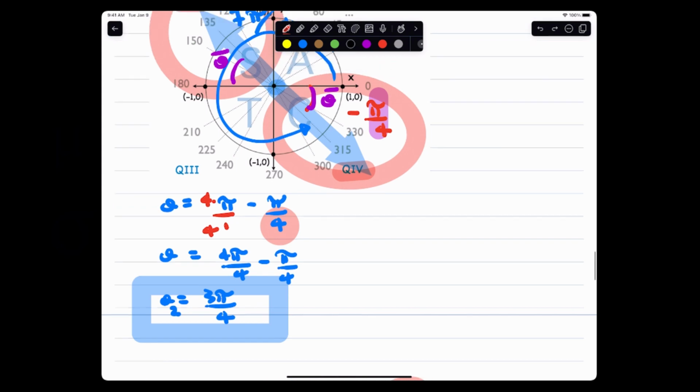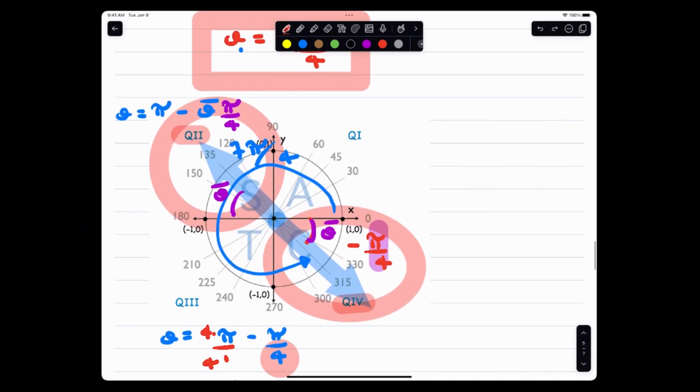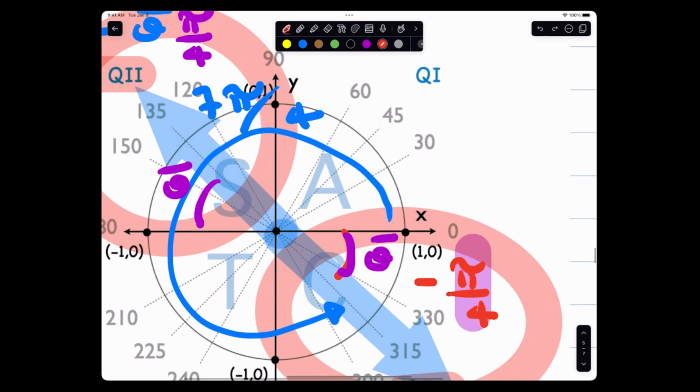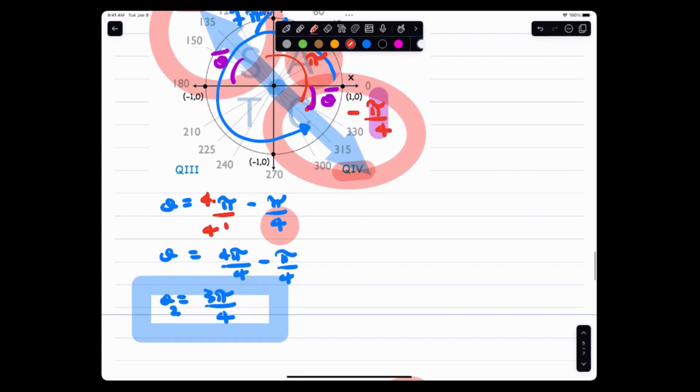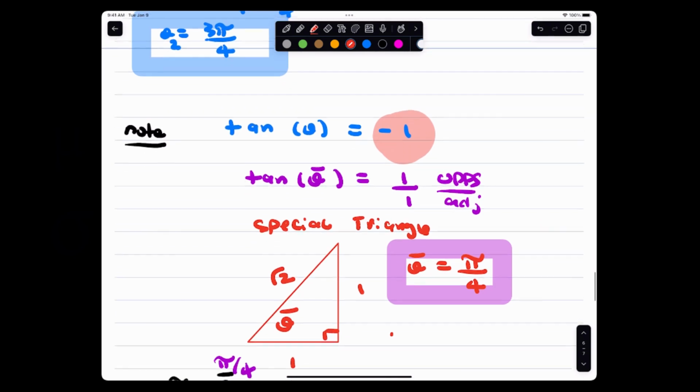There's two. And these angles are going to differ by 180 degrees, by the way. Notice that. That's an important detail. So all the details here to find these solutions are what you're looking at, ladies and gentlemen.